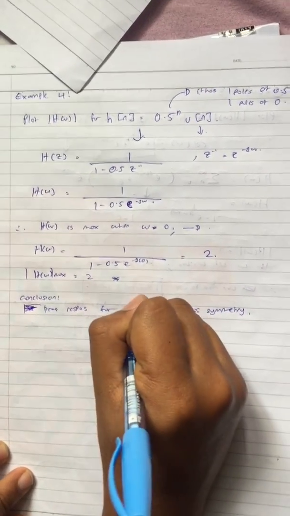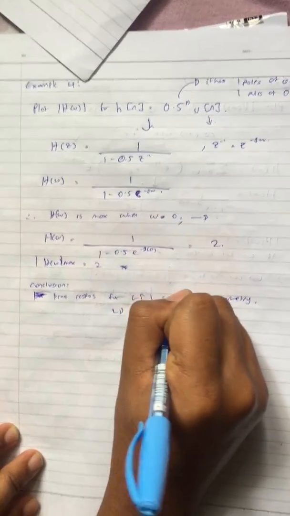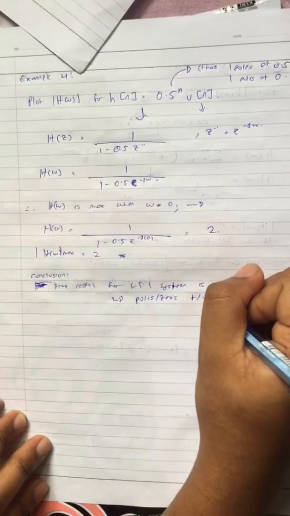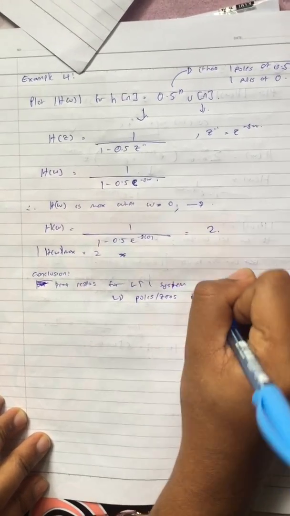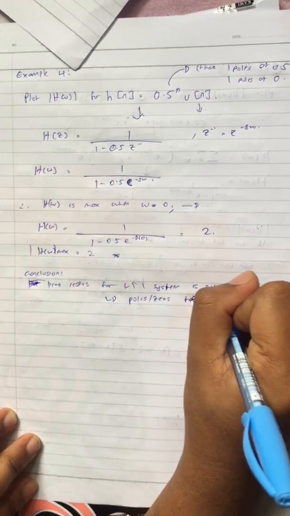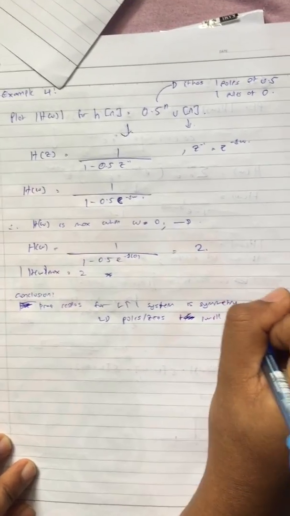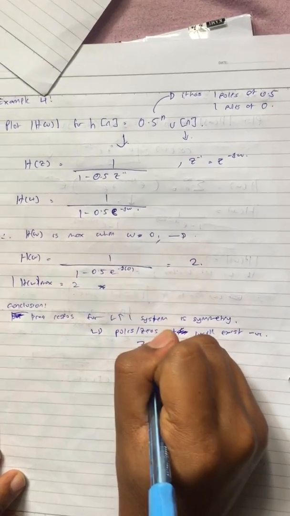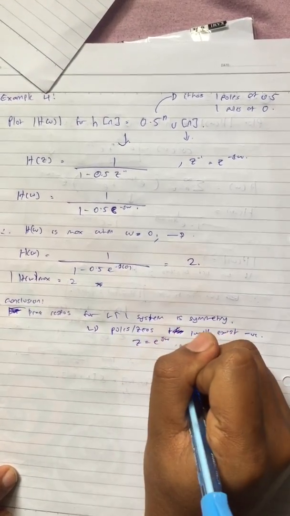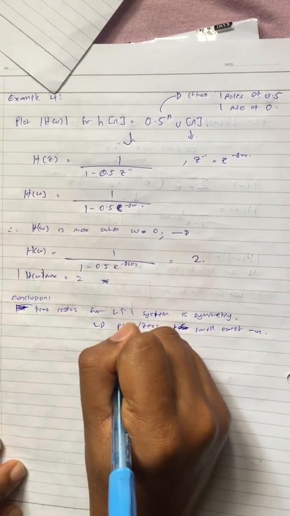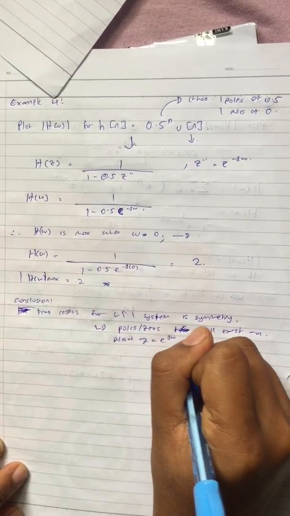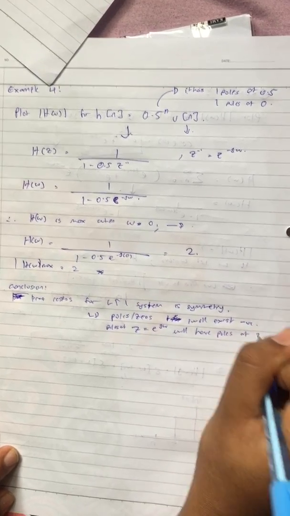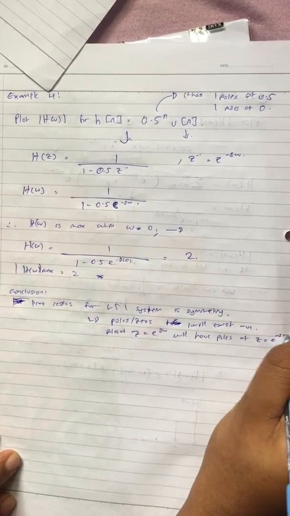It means that any poles or zeros that exist at the positive side will also exist at the negative side. So it means that if there is a pole at z equal to e^(j omega), there will be a pole at z equal to e^(negative j omega).